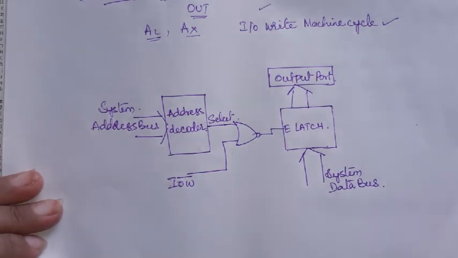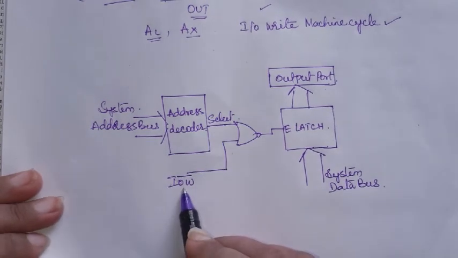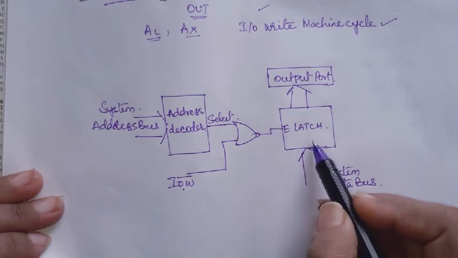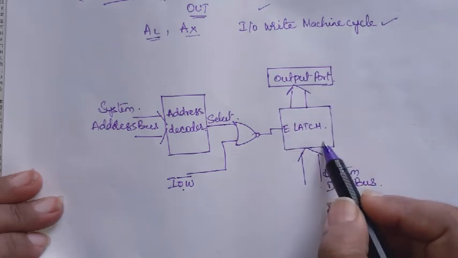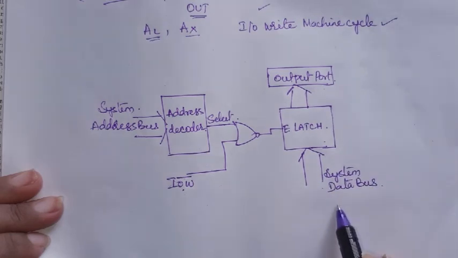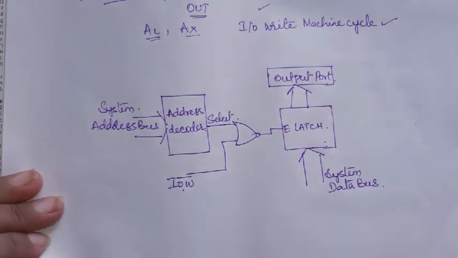Okay, so when the select output is low and this is low, then the output of this NOR gate will be high, which will select this particular latch, so that whatever data is available on the data bus will be latched so that it is sent to the output available for the output device.